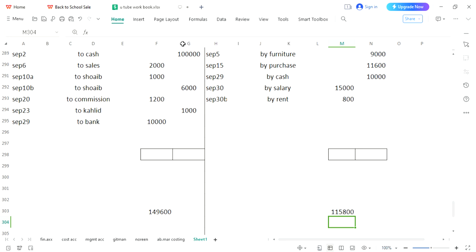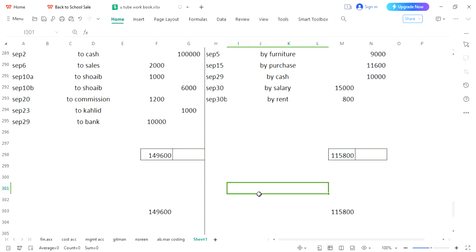Alright guys, the first step has been completed. We have the sum on the debit side and the sum on the credit side. Now you will see which sum is the larger sum. The larger sum is 149600. So you will put the larger sum over here, and the same sum, which is larger, would be posted at the opposite side as well.